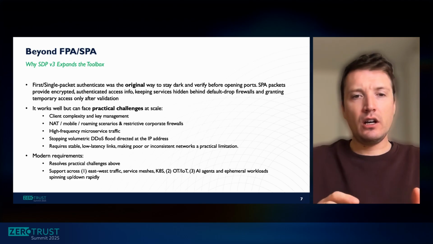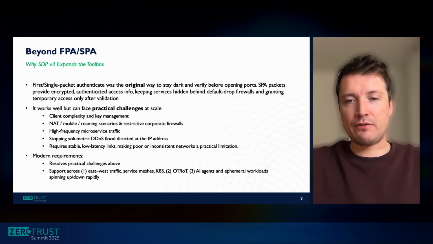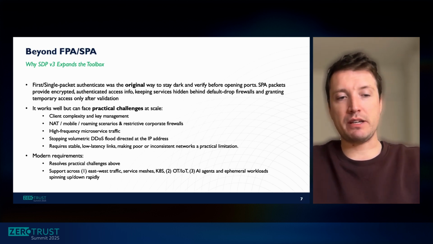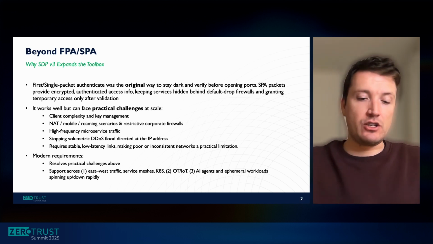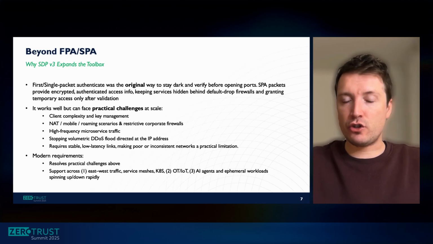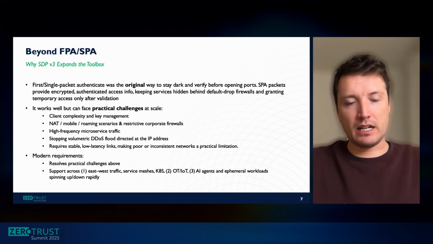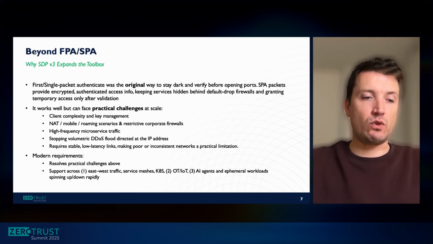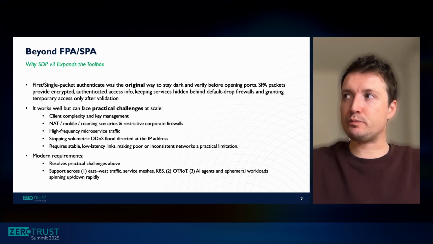And then alongside all of those practical challenges, we have the fact that we need to be able to support these more modern use cases that we have been covering in the paper. East to west traffic and microsegmentation, Kubernetes, service meshes, etc., edge and IoT, cloud workloads, agentic AI, all of these things which are deeply challenging for static network configurations.